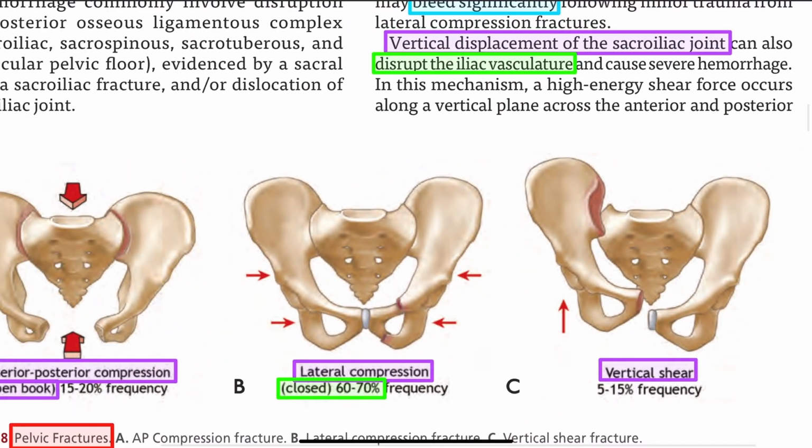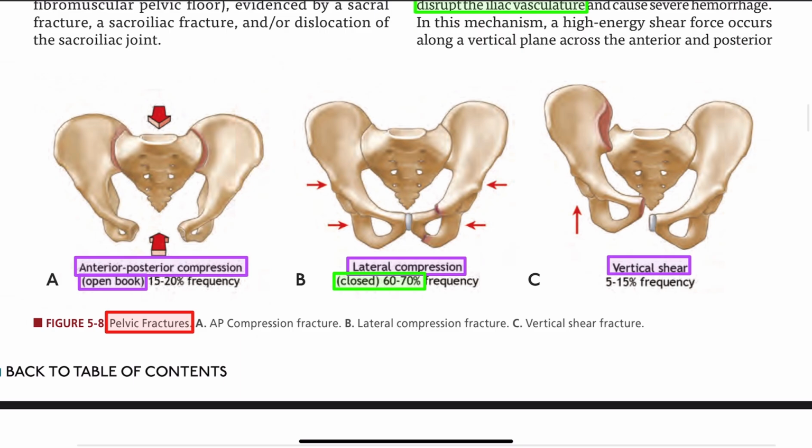There is a picture based on this. This is AP, anteroposterior compression of the pelvis, which leads to open book fracture. Open book fracture, asked many times. Then lateral compression, which is closed and most common, 60 to 70%, and this is vertical shear.